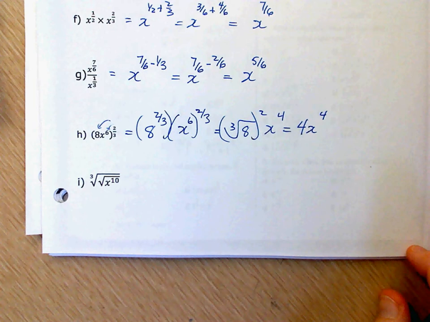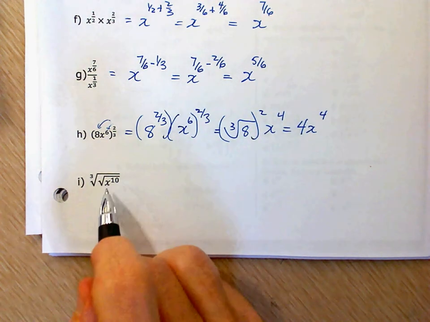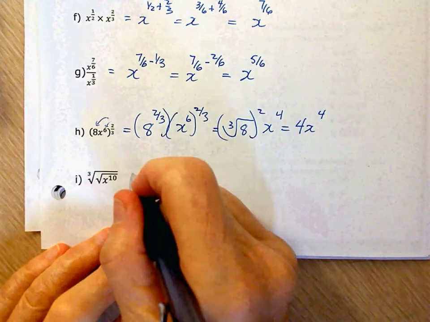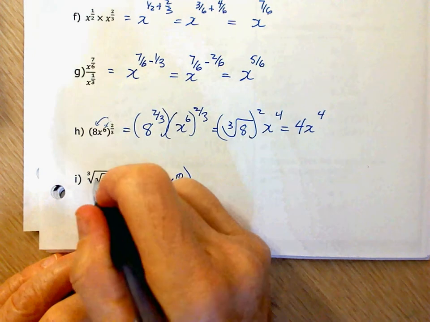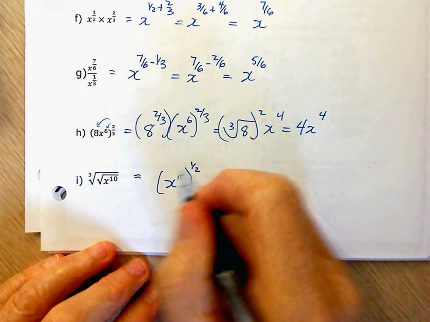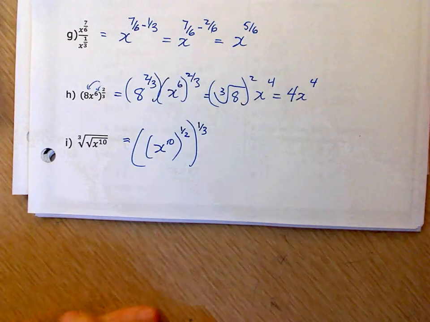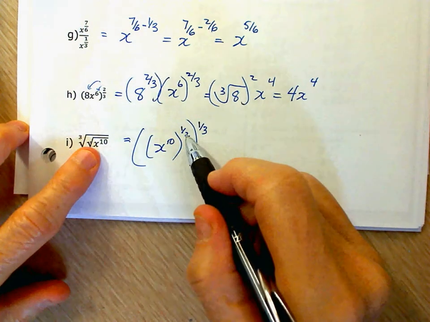Ooh, the 3rd root of the square root of x to the 10. So this is x to the 10. The square root is to the half, and the 3rd root is to the 3rd. Does everybody see that? The square root is to the half, and the 3rd root is to the 3rd.